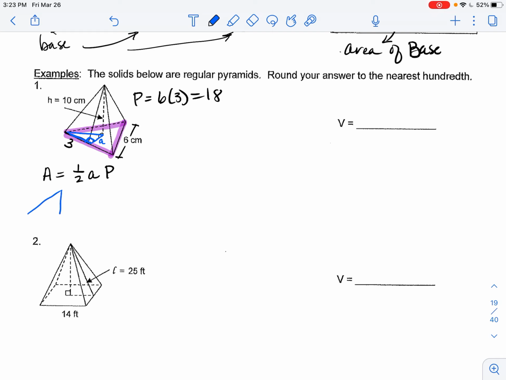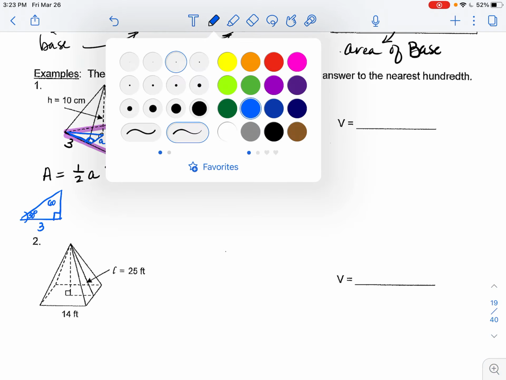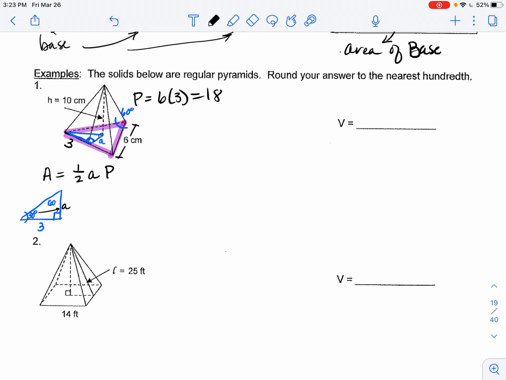So that triangle, I'm going to go ahead and draw it over here so that it's a little bit bigger. Okay, so each of these angles on this equilateral triangle is 60, and so this one right here is half of that, that's 30. And then the little a, the apothem, is this side.